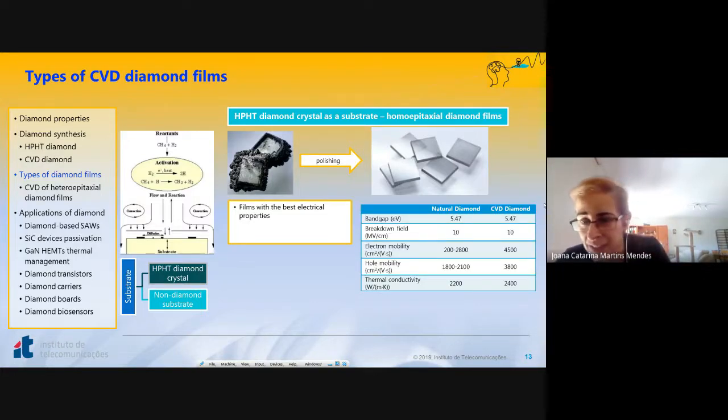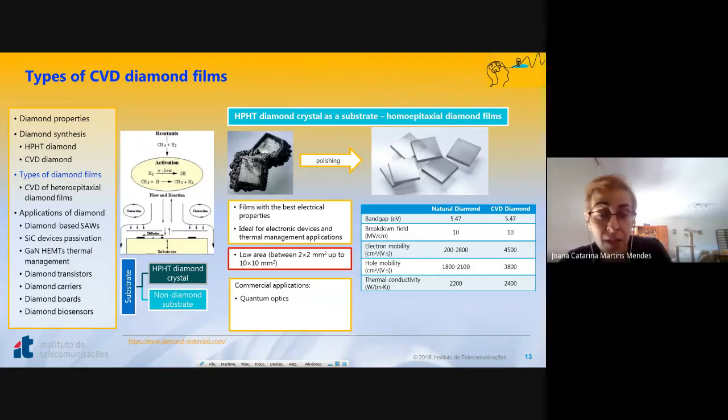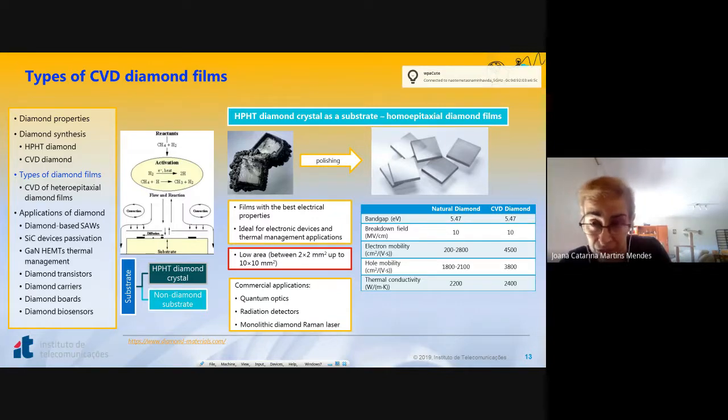They even exceed those of natural diamond, and they are ideal for electronic devices and thermal management. However, the area is limited to the area of the available HPHT crystals. Nevertheless, they find lots of commercial applications for quantum optics, radiation detectors, and also monolithic diamond Raman lasers.